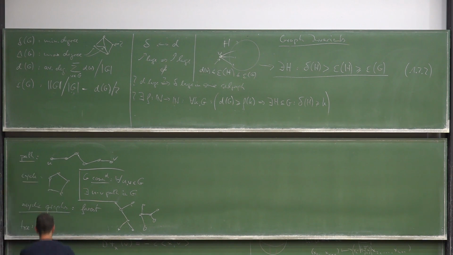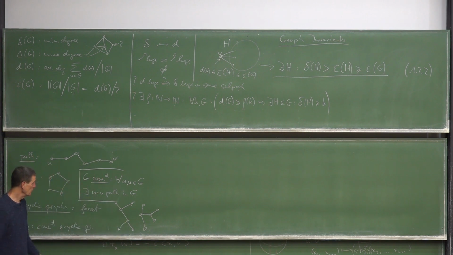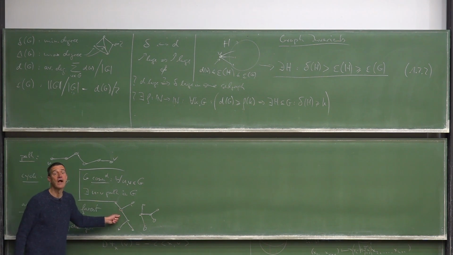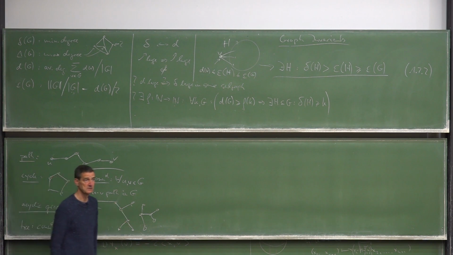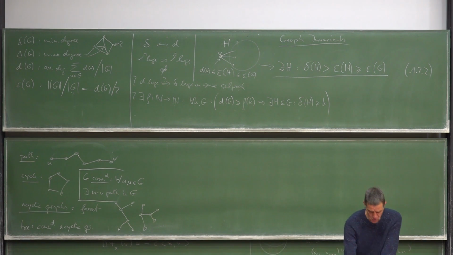So a tree is a connected acyclic graph, and a forest is a disjoint union of trees, at least one. It doesn't have to be more than one. So every tree is a forest. Okay, so much for more terminology questions.